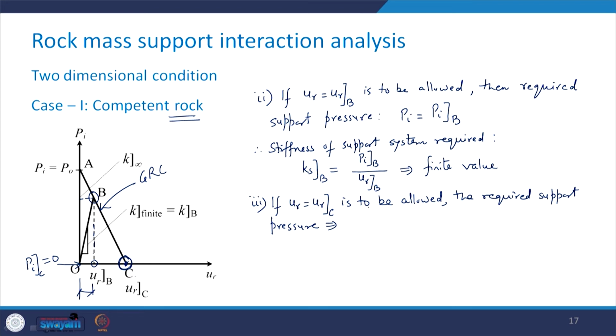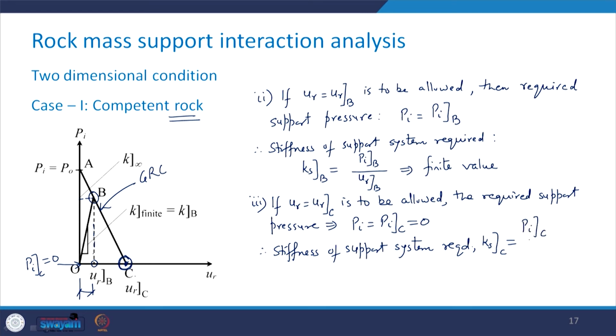So what we are going to get is Pi equal to Pi at C, which is equal to 0. Therefore, the stiffness of the support system required is going to be Ks at C, which is equal to Pi at C divided by Ur at C, and this will be equal to 0.